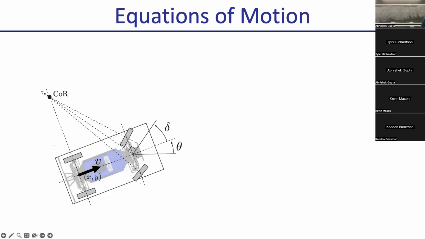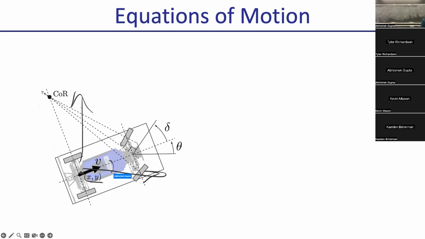Let's try and figure out what's happening here. Our point of reference, the thing we're going to measure, is the middle of the rear axle. Let's say its position is X and Y, and the frame of reference of the world is those axes.